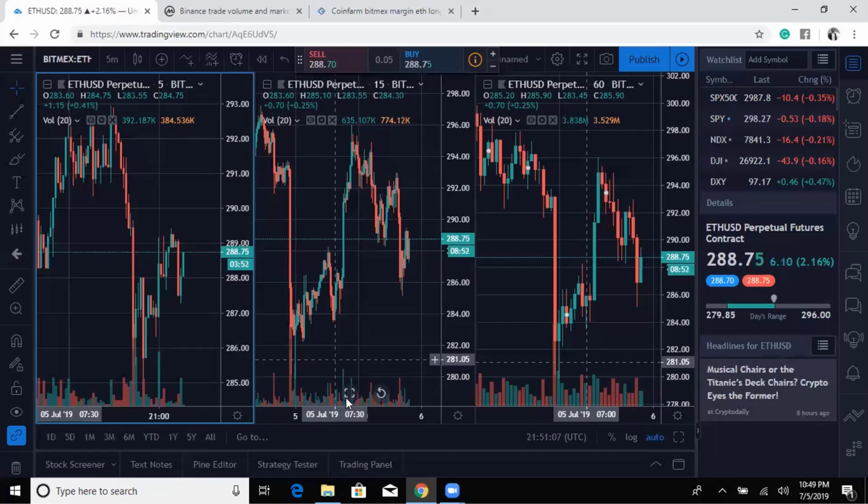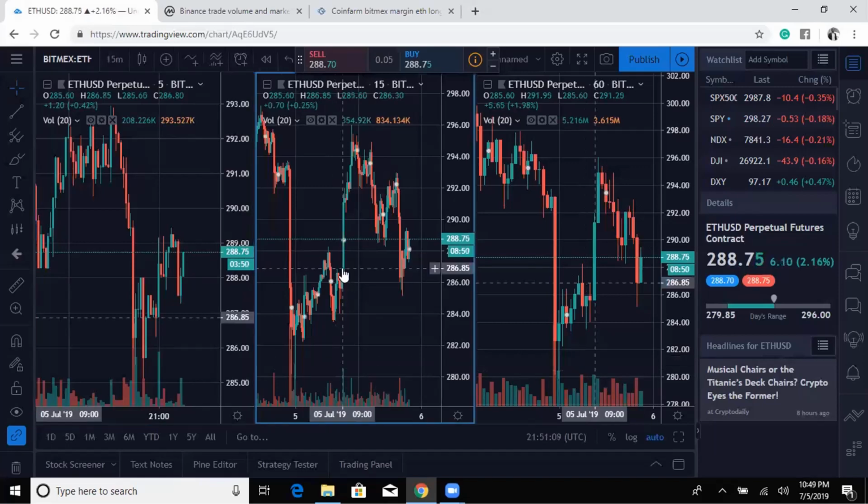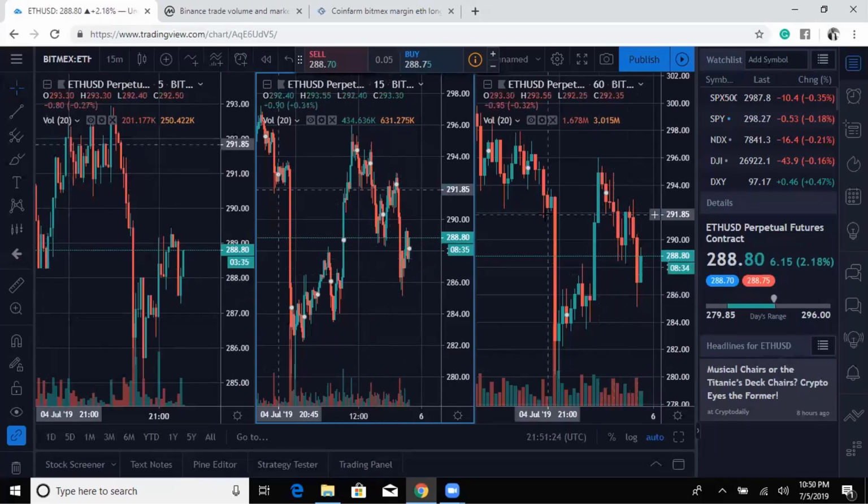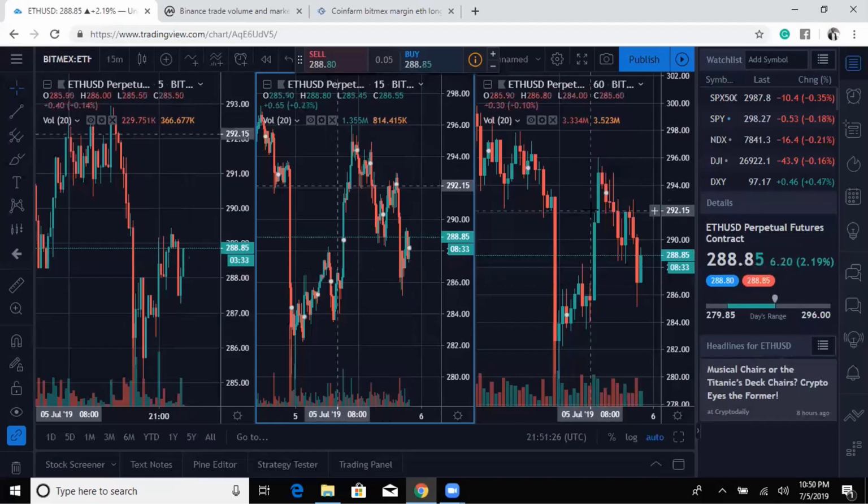And when you're trading, use 15 minutes. If you want to get a confirmation of a breakout, use the 15 minutes and the 1 hour.